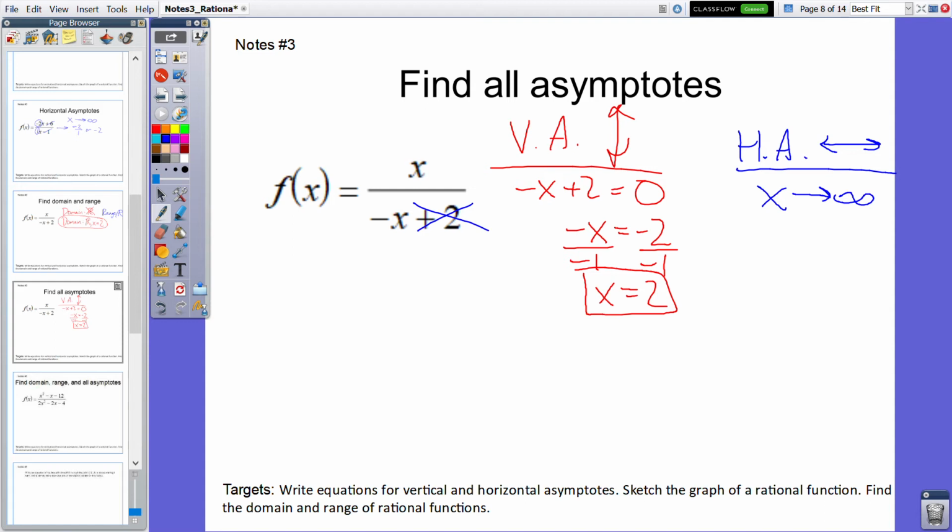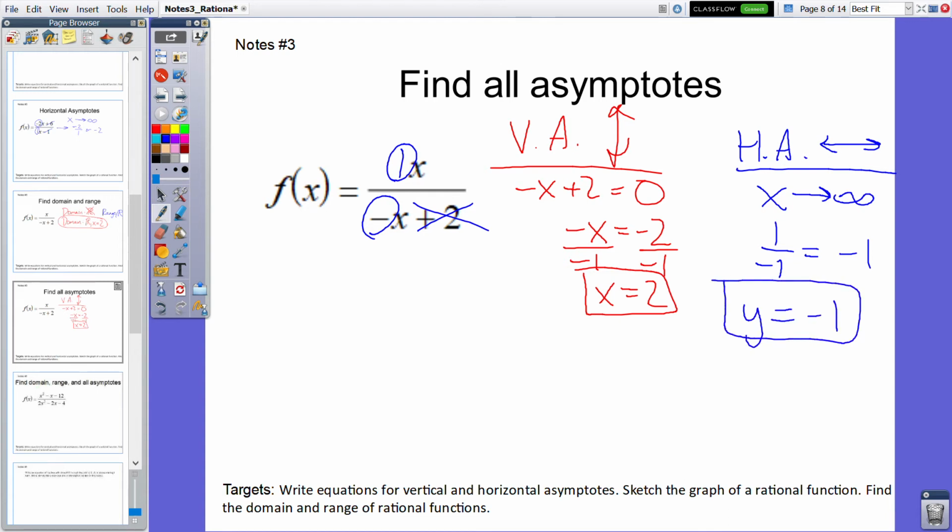And what we want to do is we'll examine the leading coefficients here. So we have +1 here, technically we have -1 here. So we do 1 divided by -1, which gives me -1. That means that there is a horizontal asymptote at the value y equals -1.